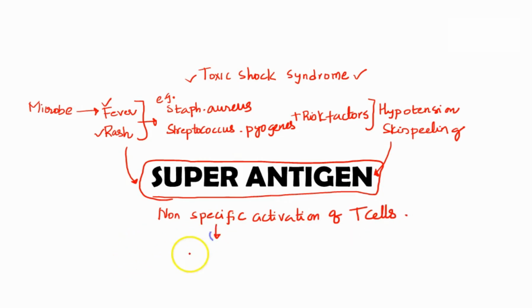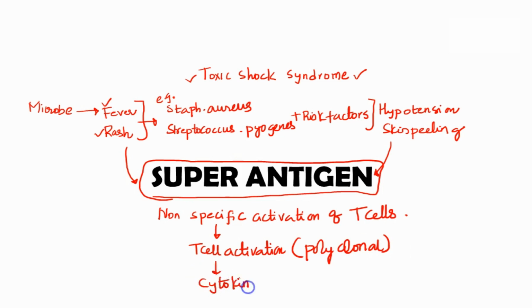Polyclonal T cell activation is happening, and these T cells cause massive cytokine release. So I'll start again. Whenever there is an infection with a particular kind of bacteria along with the risk factors, the body responds in a weird way. That is, there is a massive cytokine release. And why is this happening? This is because of the polyclonal T cell activation which is non-specific.